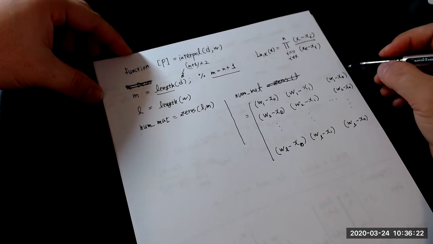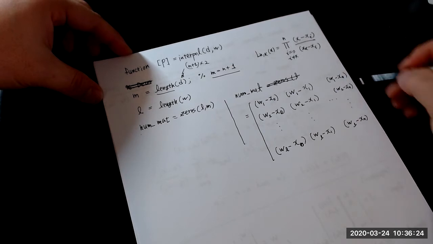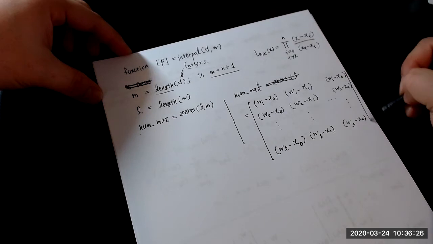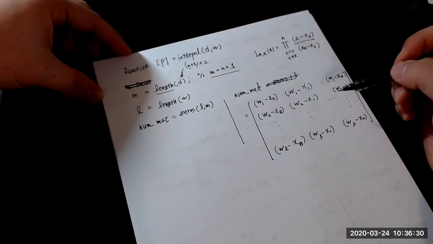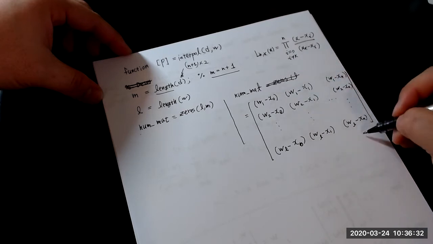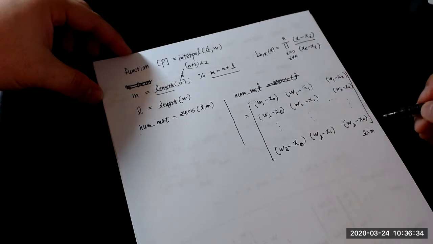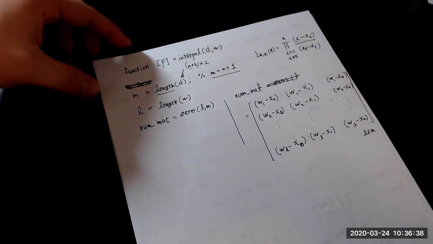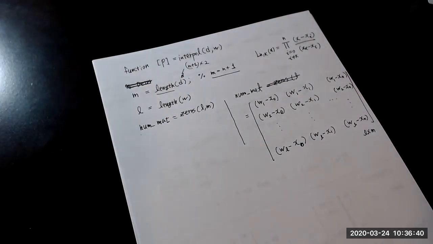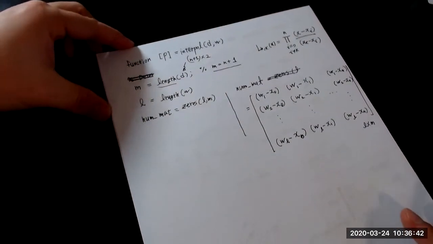There are n plus 1, which is m, columns and L rows, so this is an L by M matrix. That's what we're going to construct.